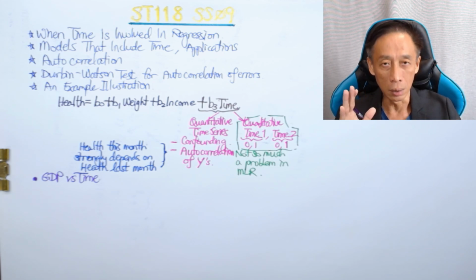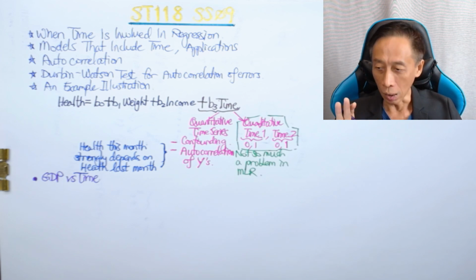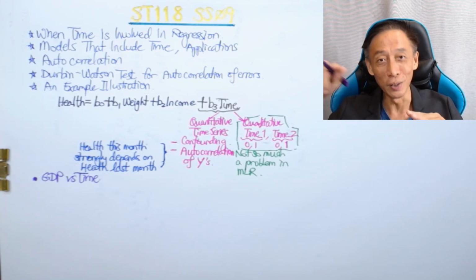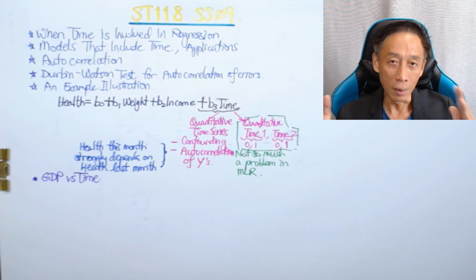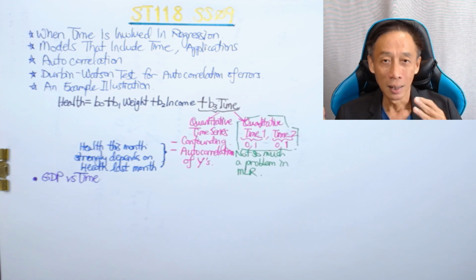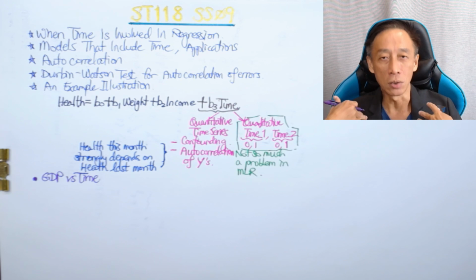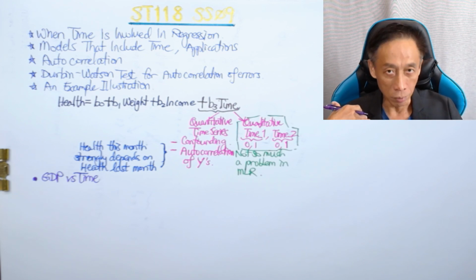So putting those rare but impactful externality events aside, those things that would disrupt the smooth progression of the linear regression model, then GDP basically grows in a way that depends on its previous value.